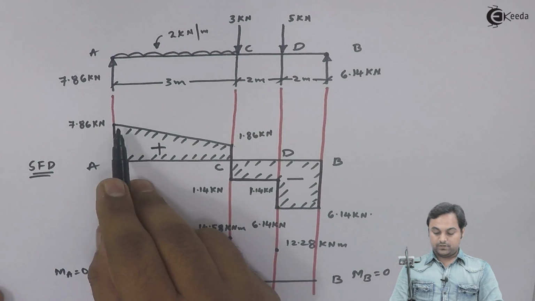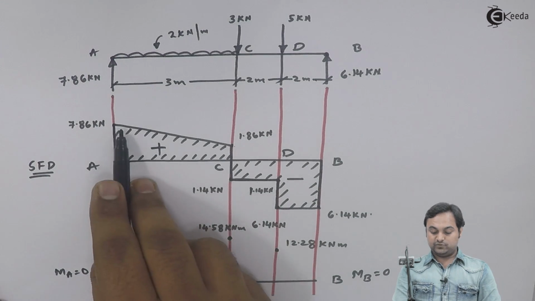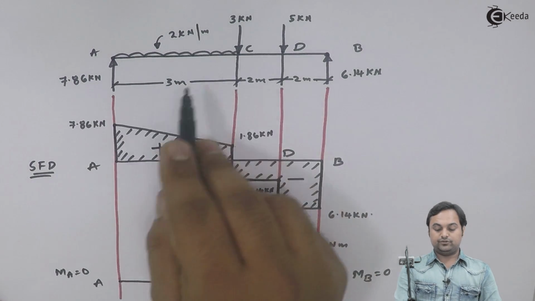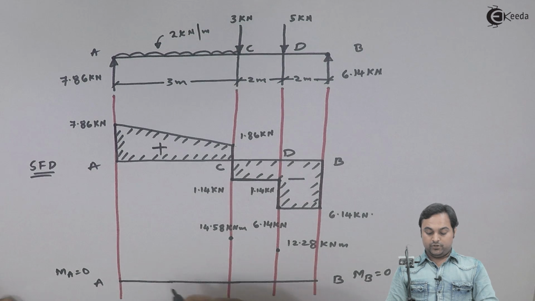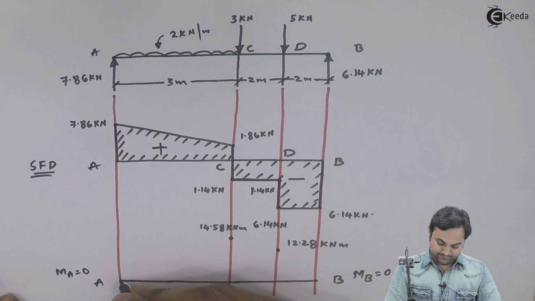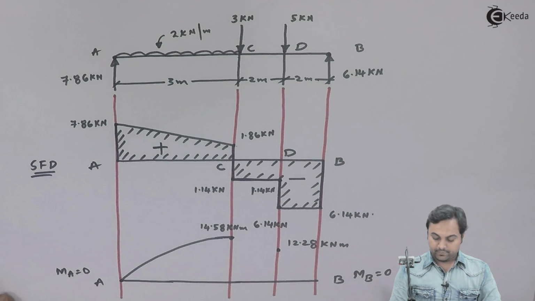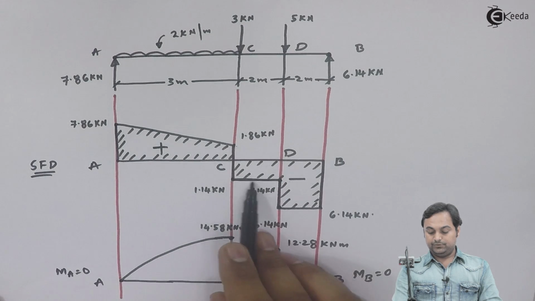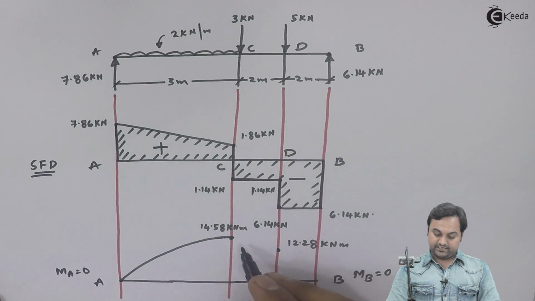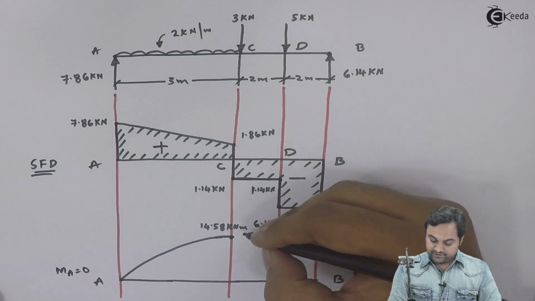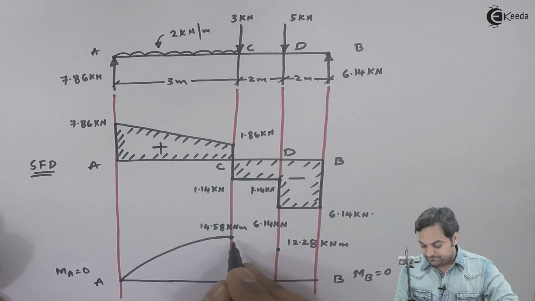Now, as we see, between A to C there is an inclined line because of UDL in shear force diagram. So bending moment diagram should be parabola between A to C. From C to D there is straight line in shear force diagram. So in bending moment diagram there should be an inclined line.